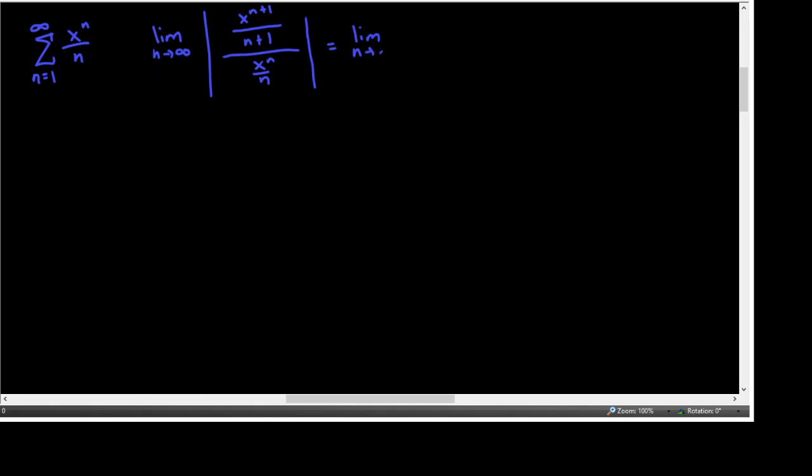One of the things I'm going to do is rewrite this as this division of two fractions, using the definition of division as the product of the numerator fraction and the reciprocal of the denominator fraction.